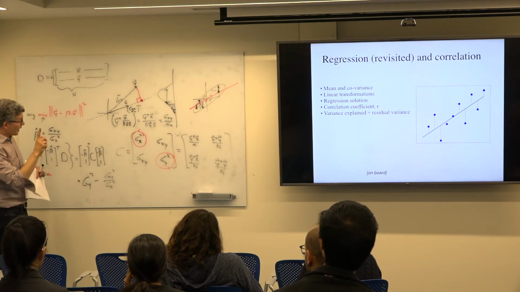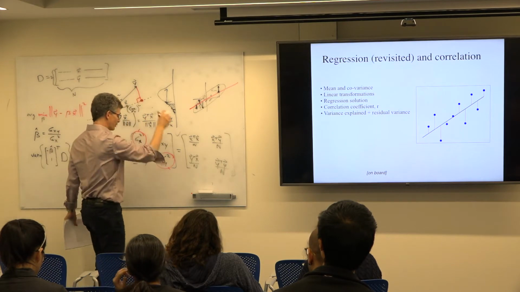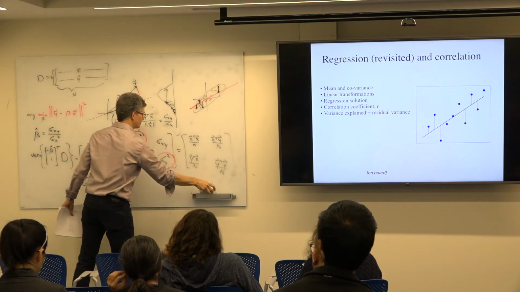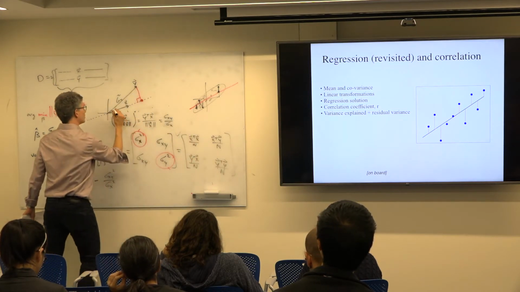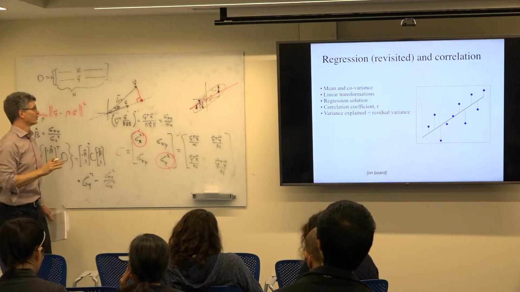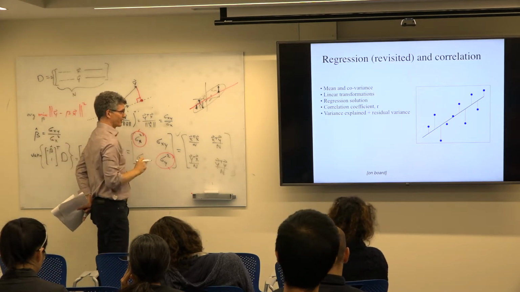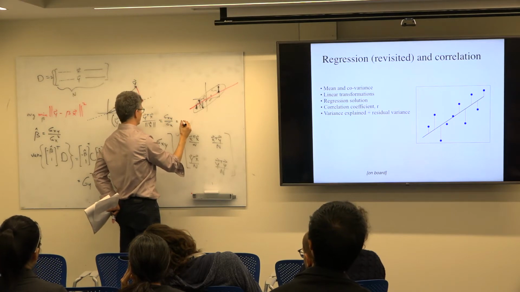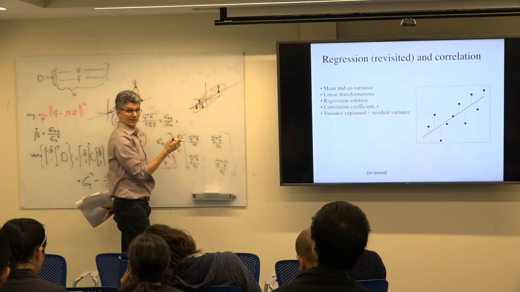One other little observation here while we're at it with the geometry. You remember, I hope, that if I define this angle as theta, the angle between x and y, I can write y transpose x as the length of y times the length of x times the cosine of that angle, right?